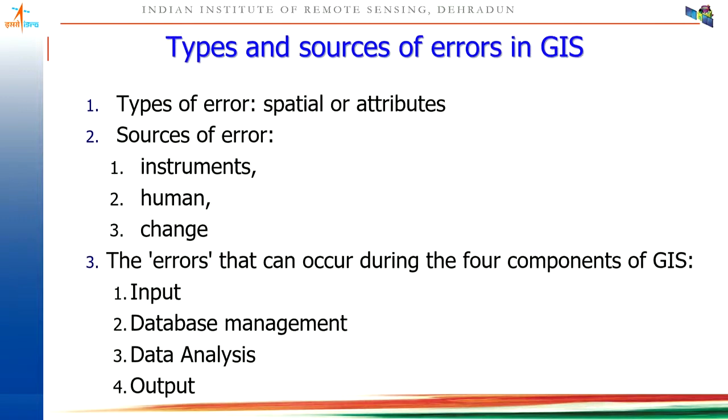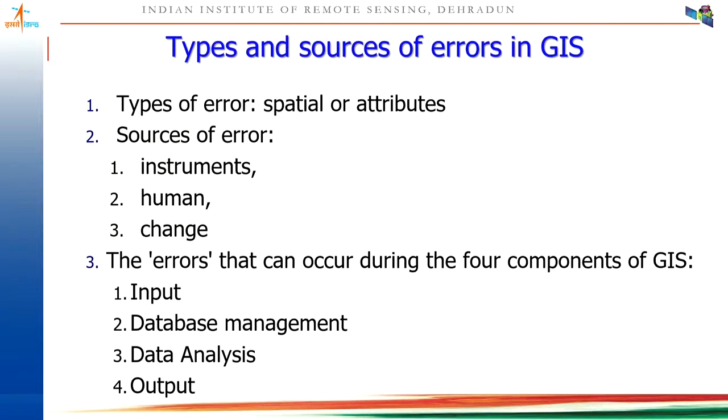Here are the types and sources of error in GIS. There are generally two types of errors in GIS data: spatial data errors and attribute data errors. When I say spatial, I am talking about raster and vector data.